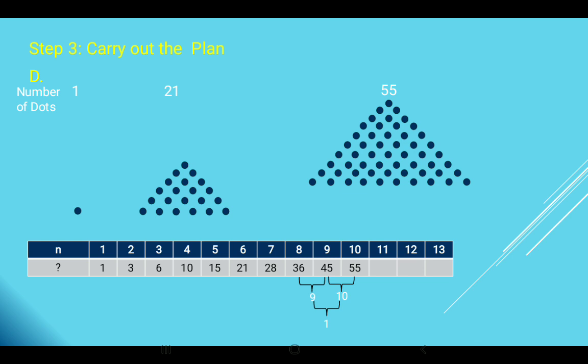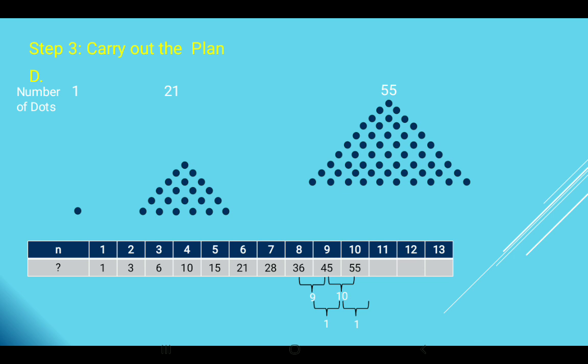Ngayon, sa letter D, hanapin daw natin kung meron bang 91 dots in its shape. So, tulad kanina, gagawin natin yung pattern na pinakita ko. So, say 10 plus 1, mag-start na tayo sa 10th term, yung 55.